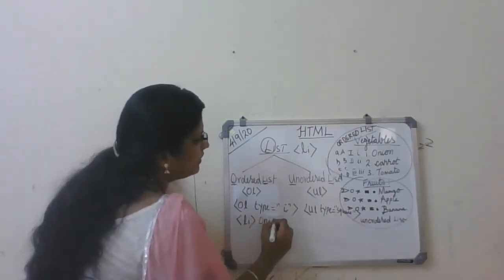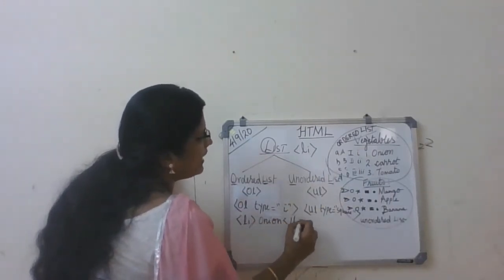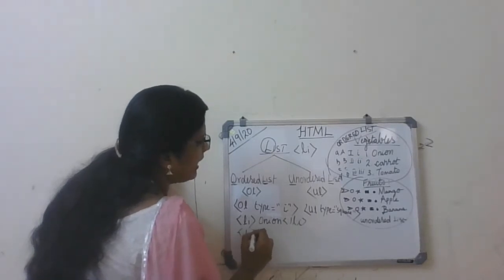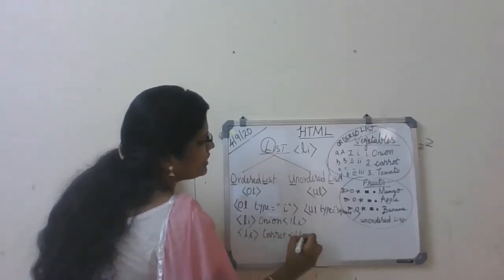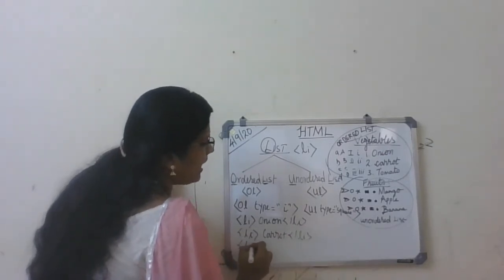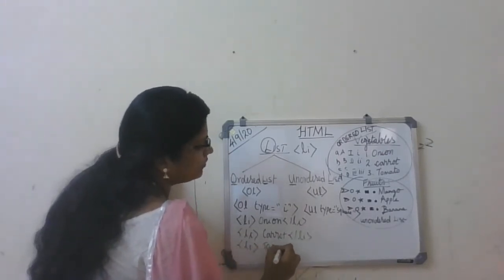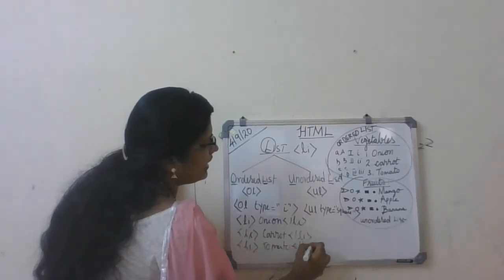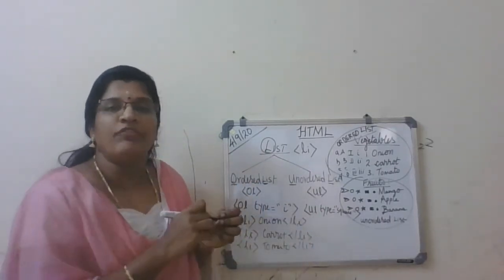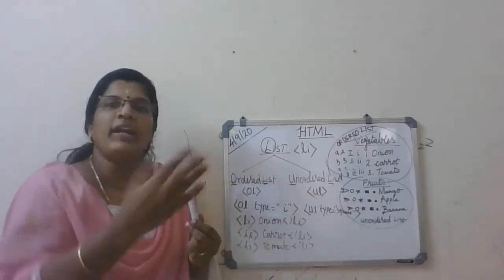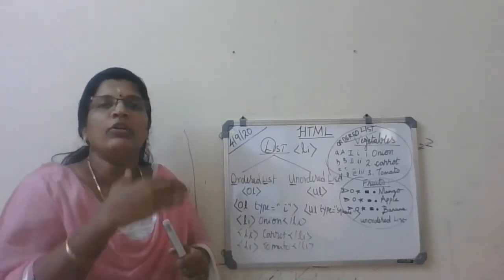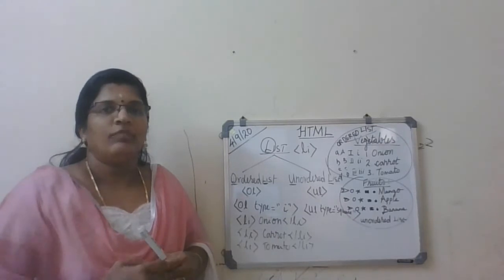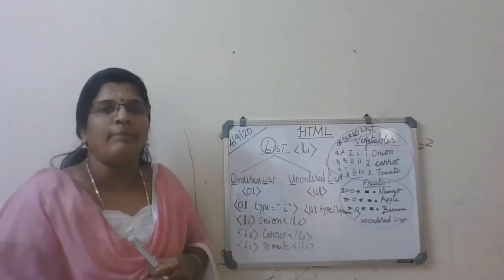Onion. Then slash LI. LI carrot, slash LI. LI tomato, slash LI. Before each and every item, you have to open and close the tags. That's a must. Then only you will get line by line, without the break command, one by one.